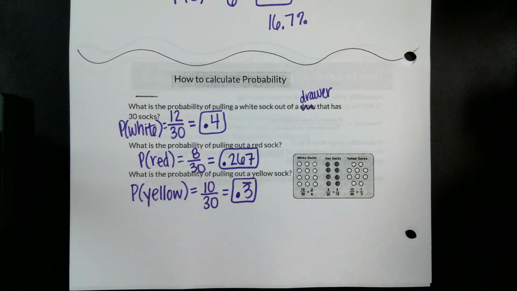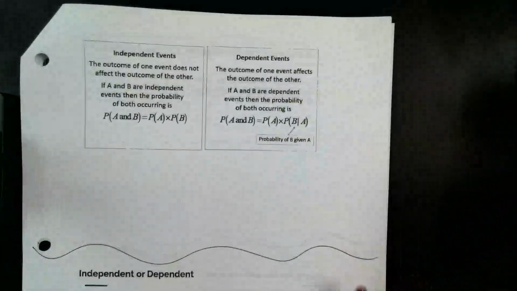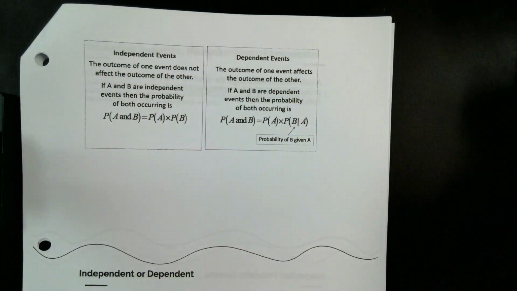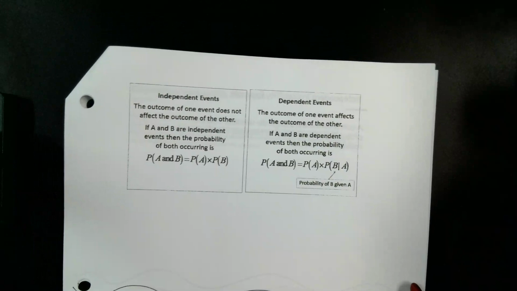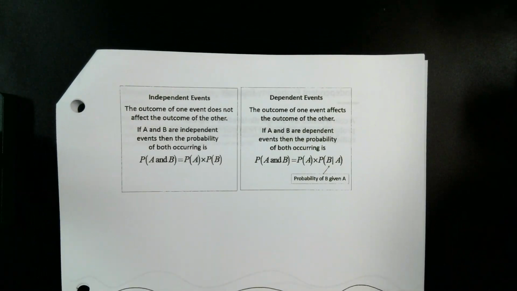Those are real basic types of probability problems where you're just figuring out the probability of one thing happening. Okay? All right, now, this is where things get a little trickier, is when we are dealing with independent events versus dependent events.